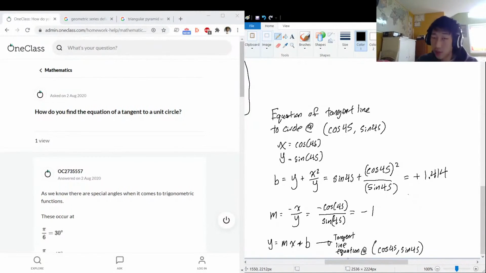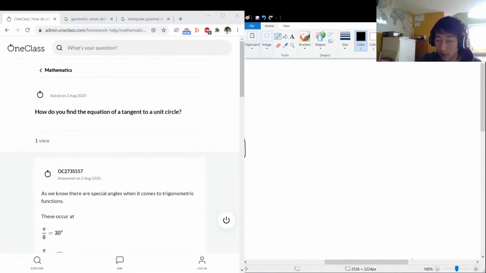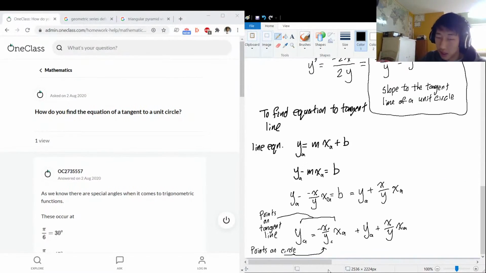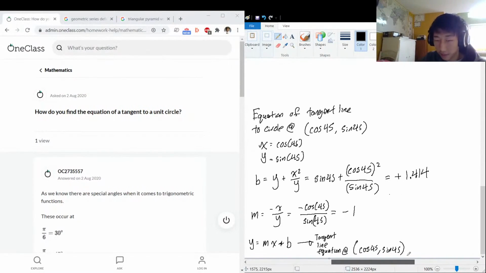And I explained previously why those were the points. We know that it makes a 45-degree angle, and if we calculate the x component, it's just going to be cos. If we calculate the y component, it's just going to be sine of the angle. That's how we got these points to begin with.